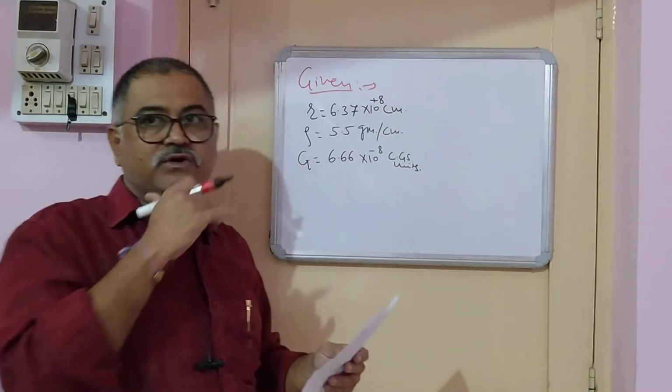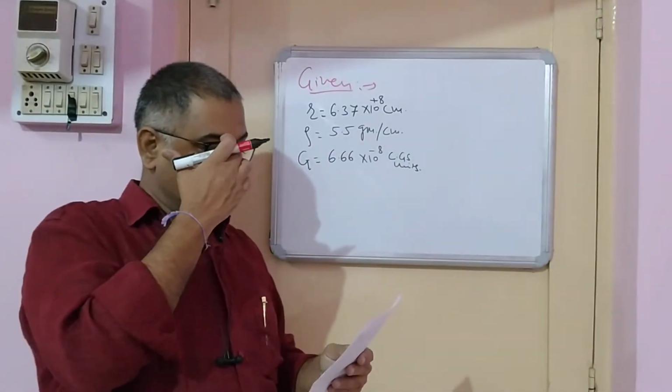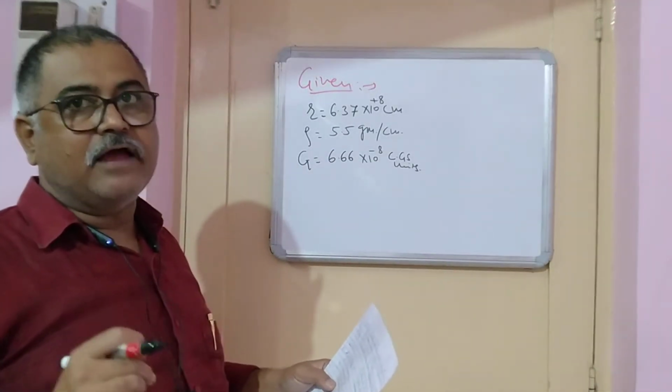CGS units we know, dynes centimeter square per gram square.